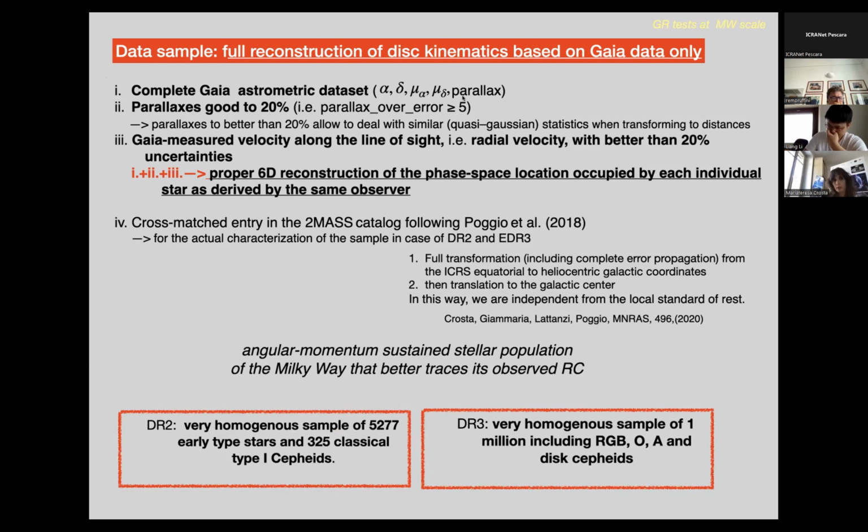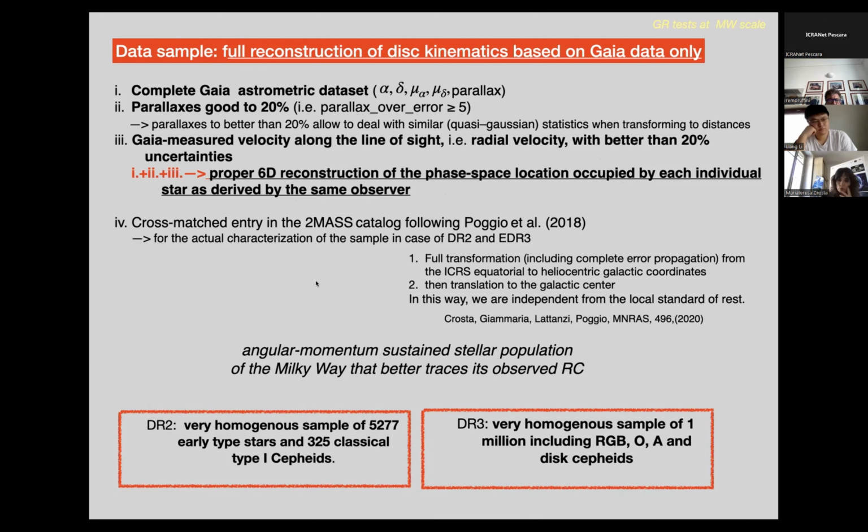It should be a complete Gaia astrometric data set. So we also have radial velocity with 20% uncertainties, in such a way that we were able to put in place a proper 6-dimensional reconstruction, the phase space location occupied by each individual star as derived by the same observer. I stress this point because it's really the benefit that we have from Gaia.